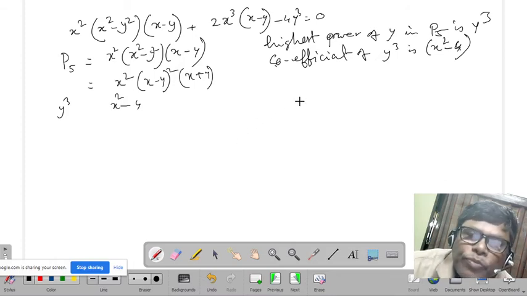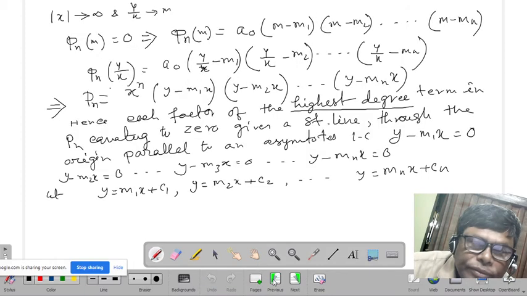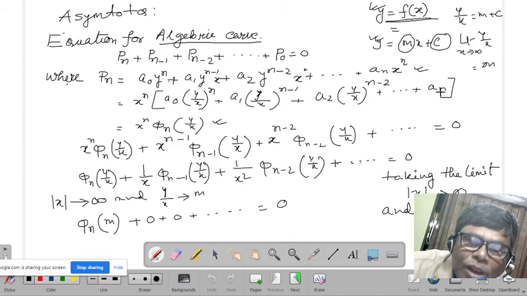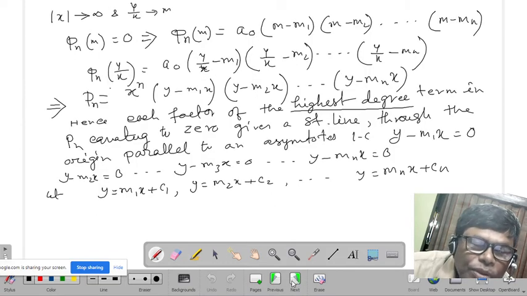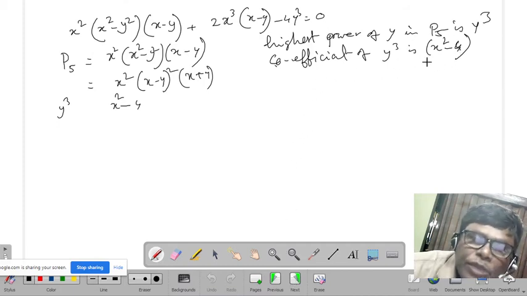So I am showing it to you again. Pn, here is the xn and this is the y by x term. So the highest degree power is xn and this one. Okay, and here in Pn, the highest degree term is yn. Okay, so we make the coefficient of y cube, x square minus 4, equal to 0.